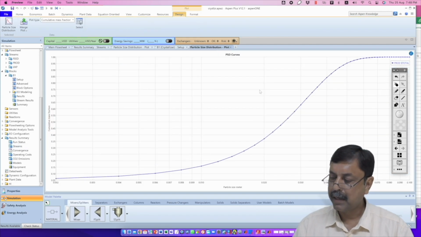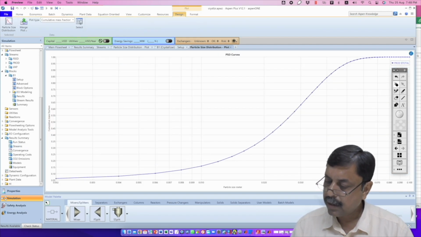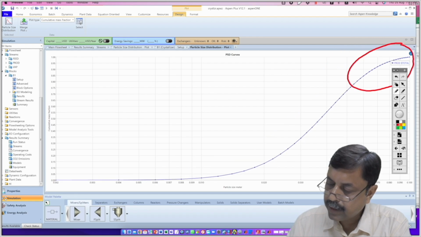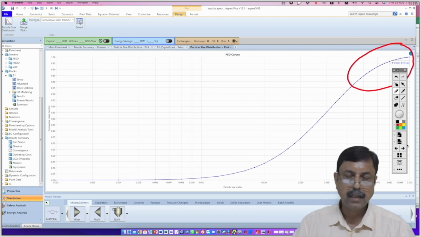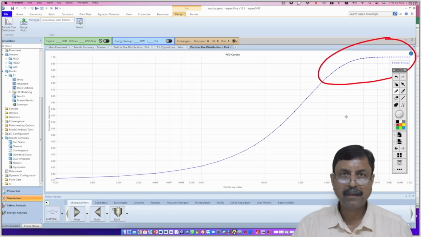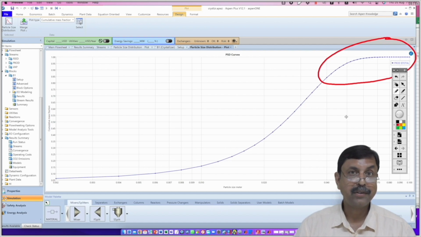And go back to our particle size distribution and see how it looks like. So this is our previous one with the crystal growth, particle size dynamics with crystal growth. And this is the user specified particle size distribution. So how it changes. So with this small example, we can check how the particle size distribution changes by the choice of the calculation method.